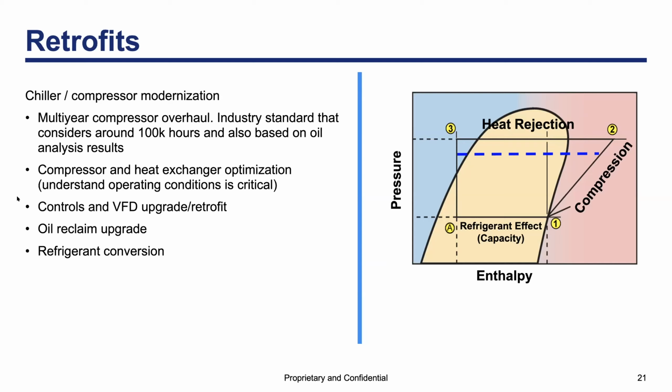Refrigerant conversions. For refrigerant conversions, sometimes engineers take advantage of these conversions and evaluate aerodynamic components specifically for centrifugal compressors. For other compressors, you don't have such an option, but for centrifugal compressors, we can basically do a lot of things.